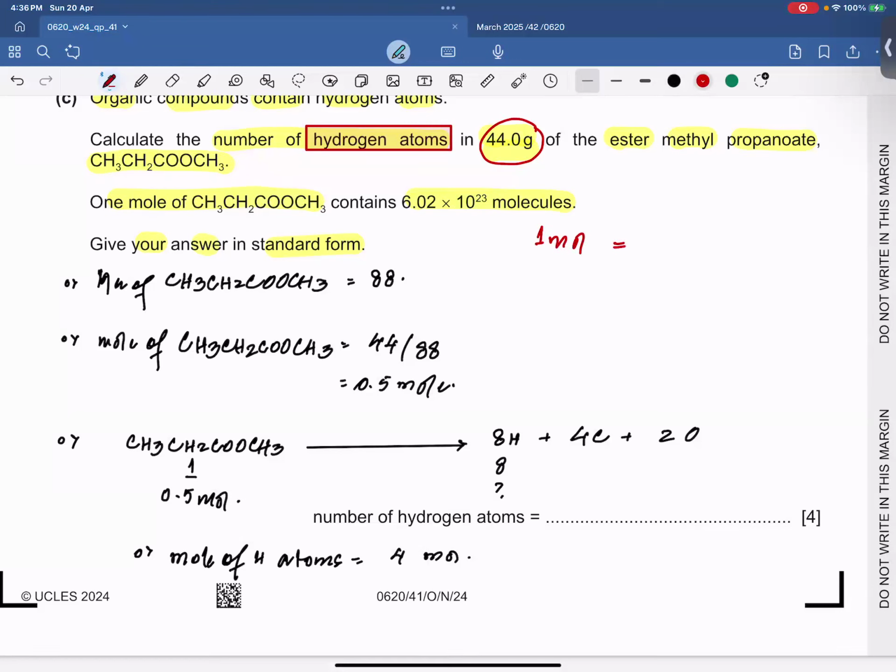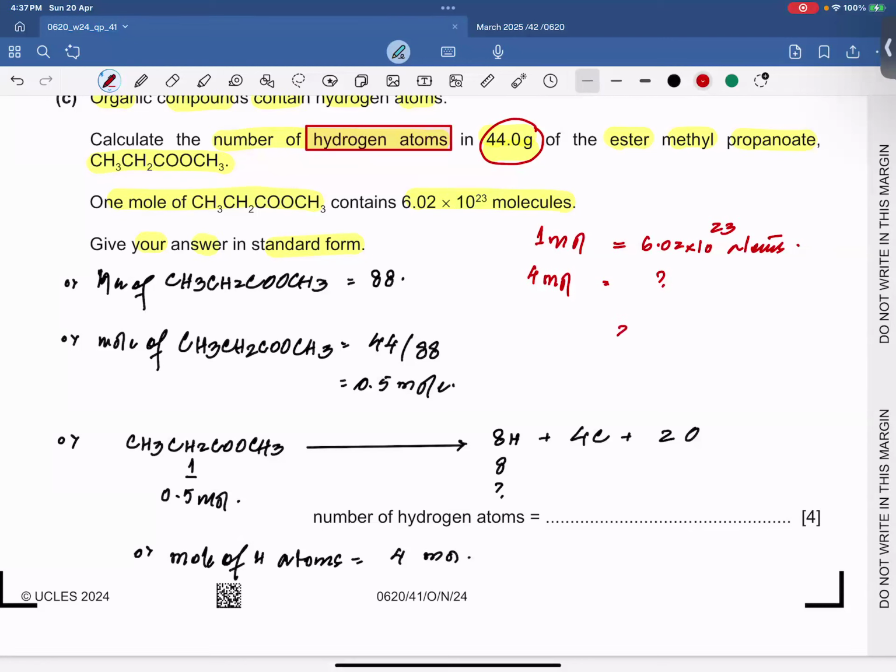So 1 mole occupies 6.02 times 10 to the power 23 atoms. So when we have 4 moles, it's going to be how much? 4 into 6.02 exponent 23.